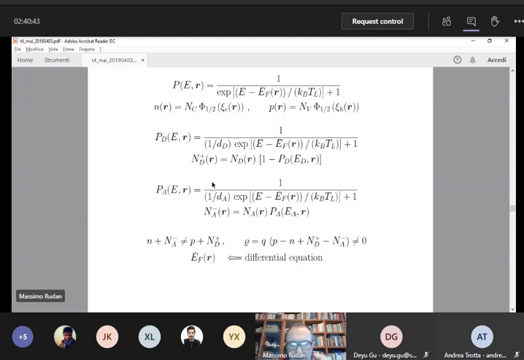Okay, so if you multiply the parentheses by q, you obtain the charge density at each position of the semiconductor, and this will be in general non-zero. Okay, of course, this charge density is unknown because all quantities in the parentheses depend on the function EF bar, and this function is in itself unknown, okay?